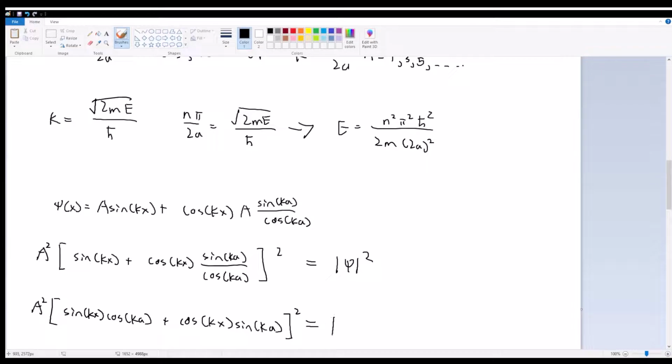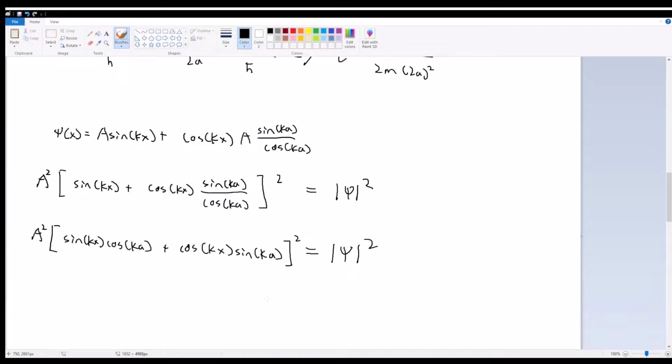At this point, I can take advantage of trigonometric angle addition properties, because sine A cosine B plus cosine A sine B is equal to sine of A plus B. So this is actually equal to a squared times sine squared of k times (x plus a), and this is equal to magnitude psi squared.